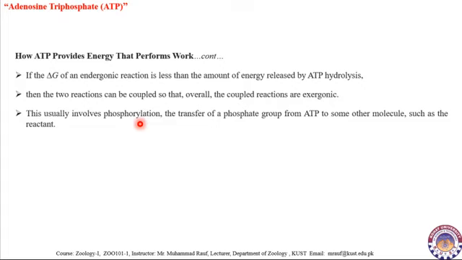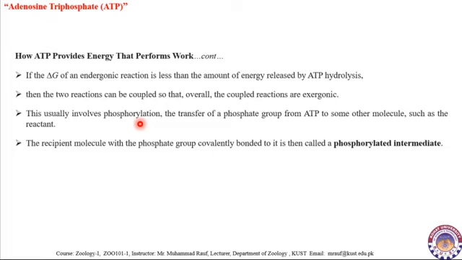Then the ATP molecule loses one of its phosphates, and this phosphate phosphorylates one of the intermediates, one of the reactants. As a result, the reactants become a transition form, and the reaction can proceed forward. In the next slide we will see an example of that.